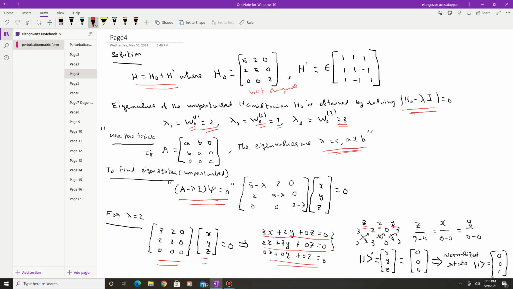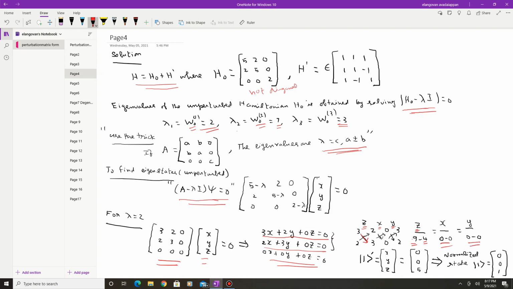So first you write z divided by 3 into 3, 9, and 2 into 2, this is minus 4. This type of evaluation of x, y, z is usually common in solving this equation. So x divided by, and this you multiply, this is 0, and y divided by 0 is 0.